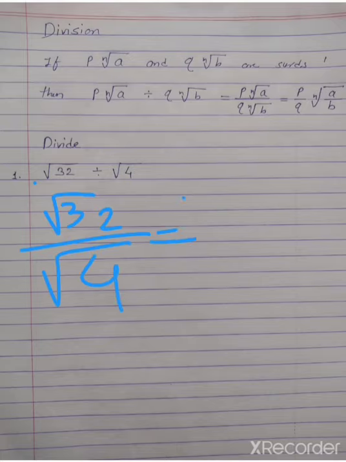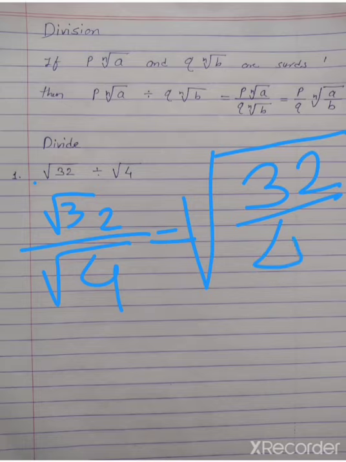So here I am using the radical sign as a common symbol and dividing 32 by 4. Its division is 4 ones are 4 and 4 eights are 32. So our answer is root 8.